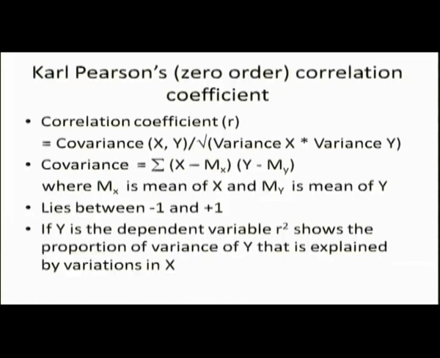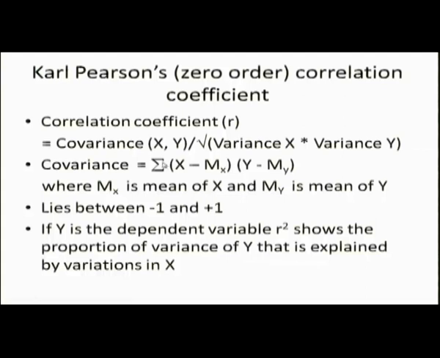Karl Pearson's correlation is defined like this: covariance between X and Y divided by the square root of variance of X and variance of Y, or some people may write the standard deviation of X into the standard deviation of Y. Covariance is this. I have not divided this by n because n is a fixed number anyway, sample size or population size.